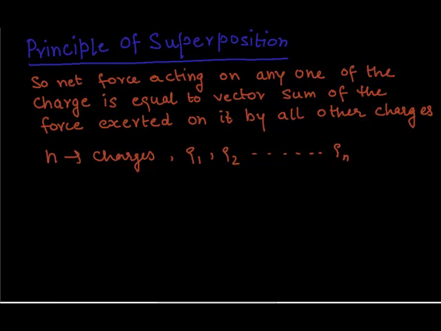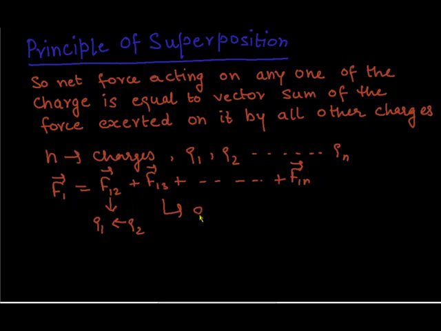The total force on charge Q1, according to the principle of superposition, would be F1 is equal to F12 plus F13 plus and so on, where F12 is the force on Q1 due to Q2, F13 is the force on Q1 due to charge Q3, and so on.